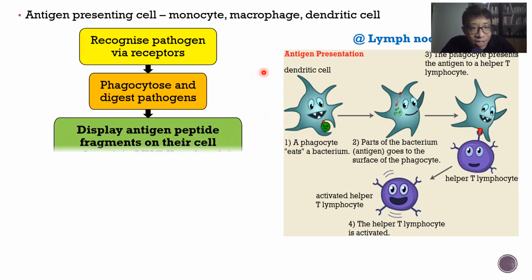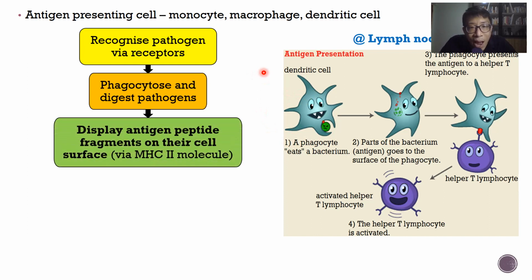After that, once the pathogen is digested, most of the parts of the pathogen are either absorbed by the antigen presenting cell or released. But some of the fragments, especially the peptide fragments of the antigens found on the pathogens, would be presented or displayed on the cell surface of the antigen presenting cell.